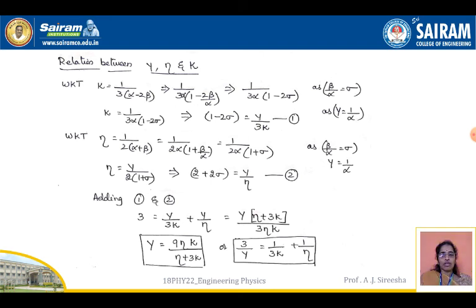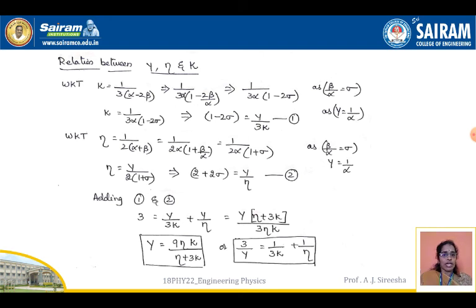Now, similarly, we go with eta is equal to 1 by 2 into alpha plus beta. Taking alpha common in the denominator, 1 by 2 alpha into 1 plus beta by alpha. We know that beta by alpha is nothing but sigma, so I replace beta by alpha with sigma. Rearranging the terms, and also knowing that 1 by alpha is nothing but Y, I have written 1 by alpha directly as Y. So 2 plus 2 sigma is equal to Y by eta, which gives equation 2.